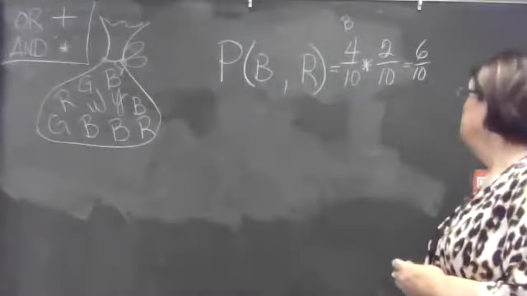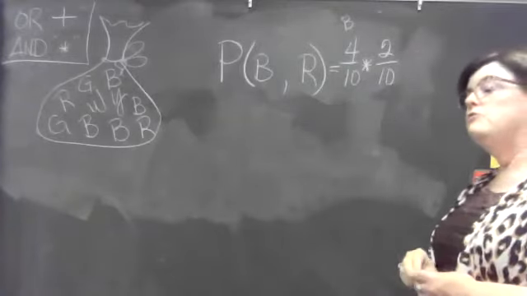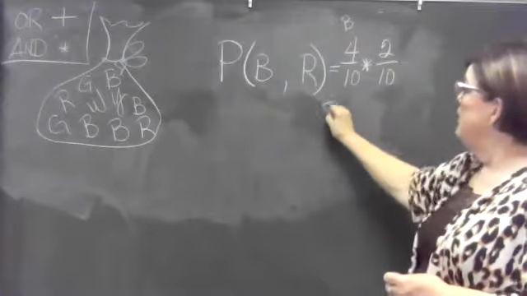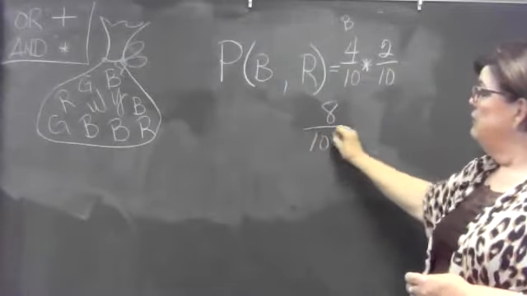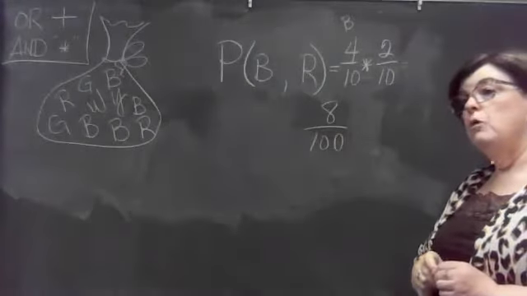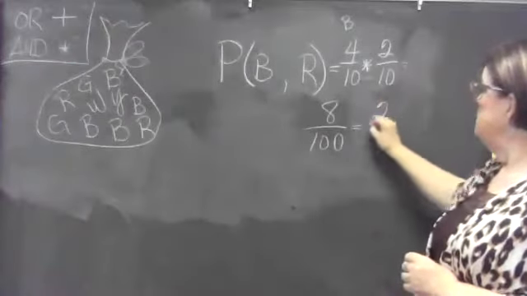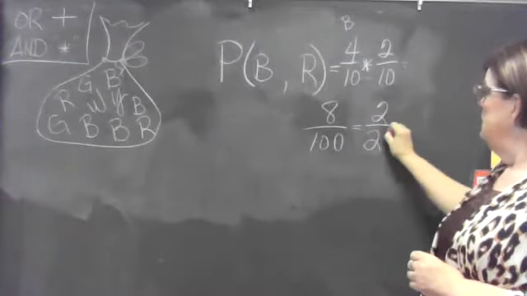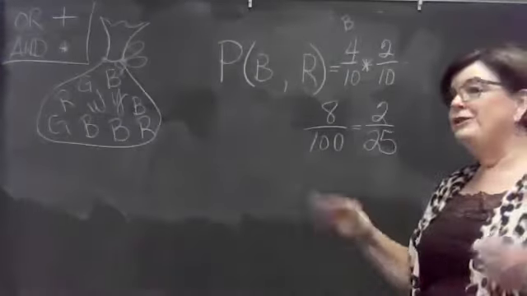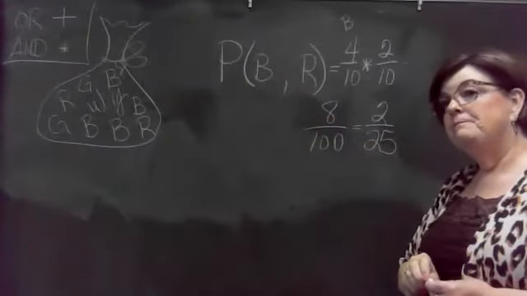And when you multiply those, you're going to get 8 out of 100 because you multiply the top and you multiply the bottom. I can divide the top and the bottom by 4. And I get 2 chances out of 25 times I could draw, and only 2 times I would get what I'm wanting here.